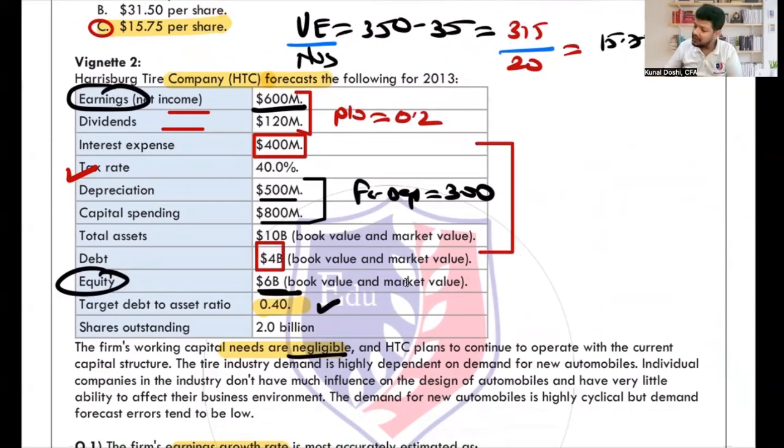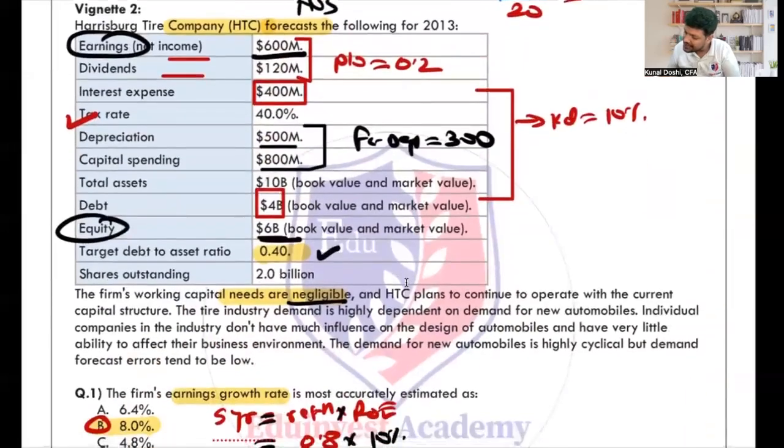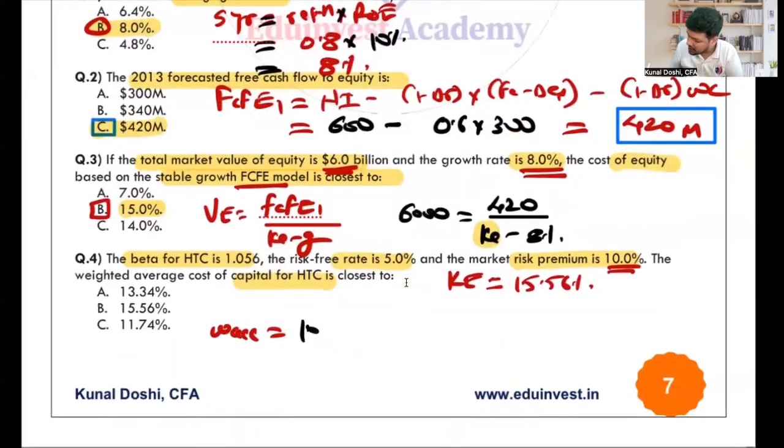So I can find my cost of debt is 400 divided by 4, which is 10%. And tax rate is 40%. So in order to calculate WACC, I need after-tax cost of debt. So 10% into (1 minus tax rate), 10% into (1 minus 0.4). Cost of equity is 15.56%.